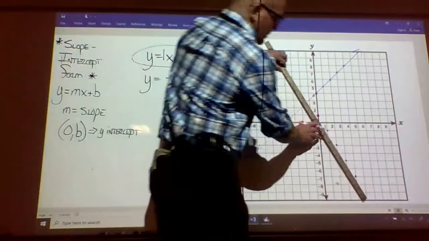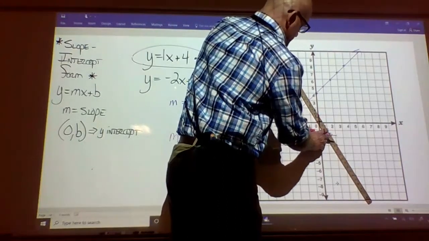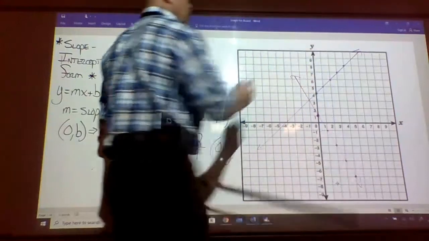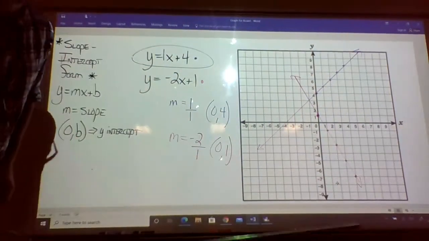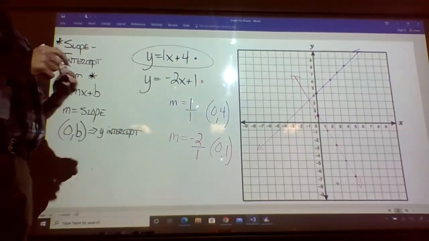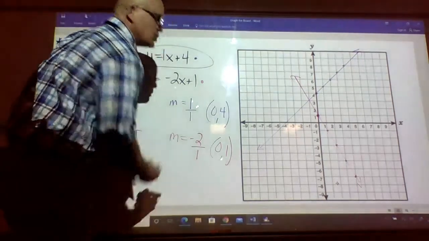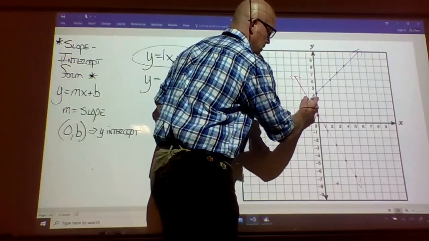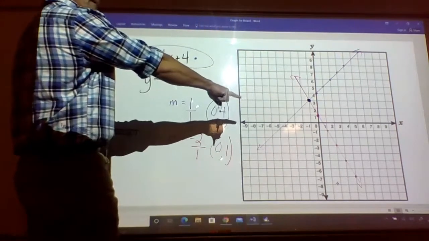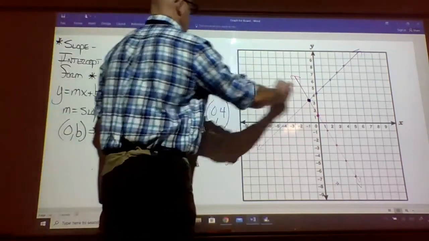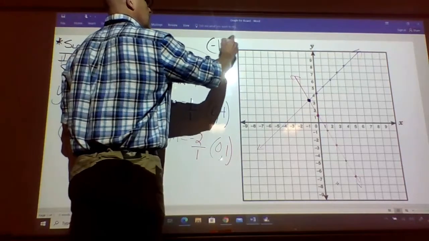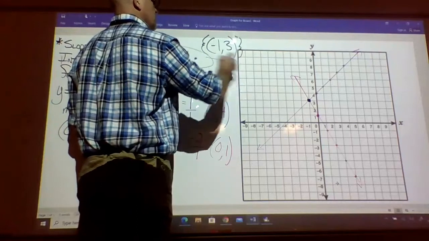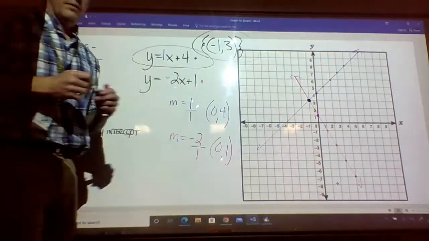Then when I draw that line, since I'm looking for the solution to the system, I'm looking for the point where they share a point, which is right here. The coordinates of that point are (-1, 3). So my solution to the system is (-1, 3).